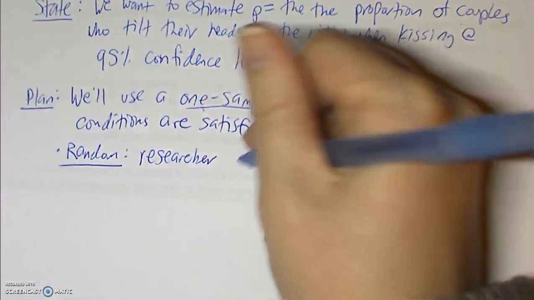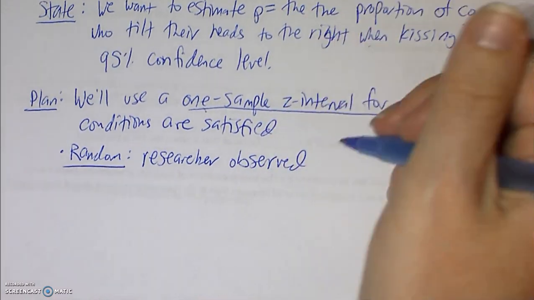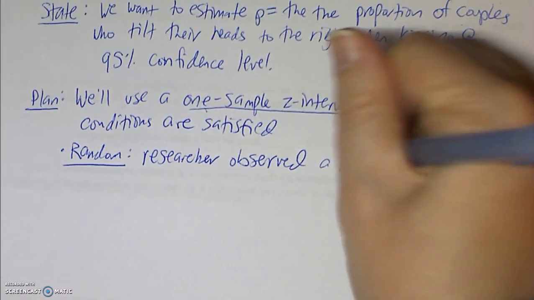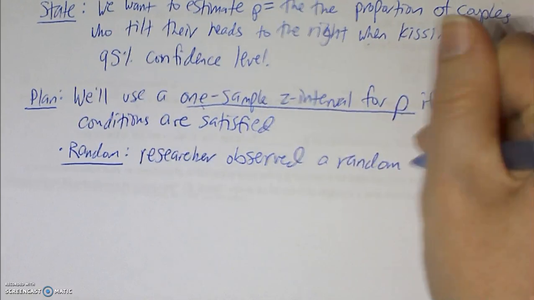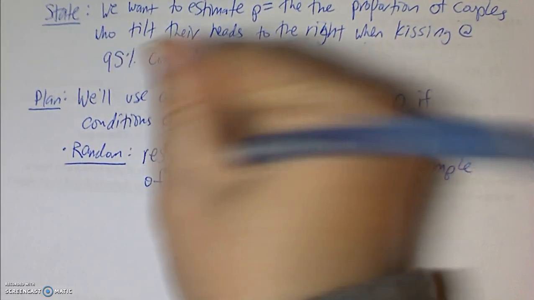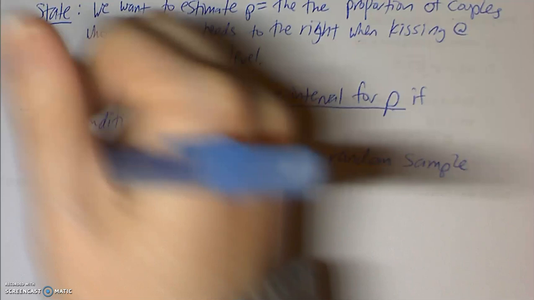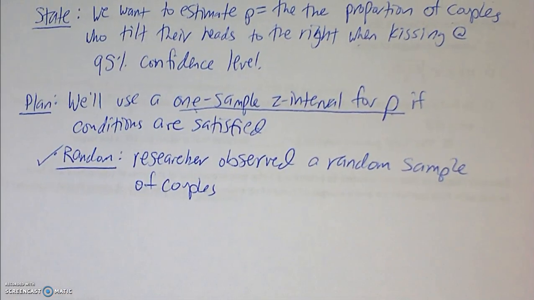So I'm just going to say that my researcher observed a random sample of couples. So that takes care of the random condition.